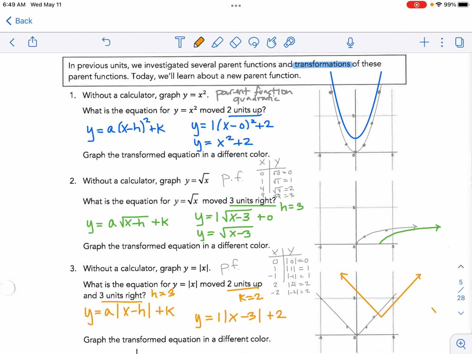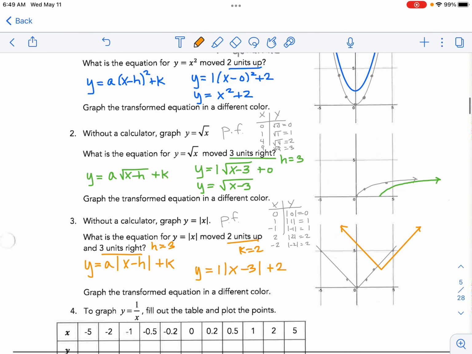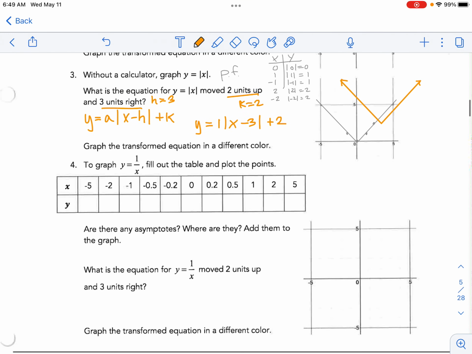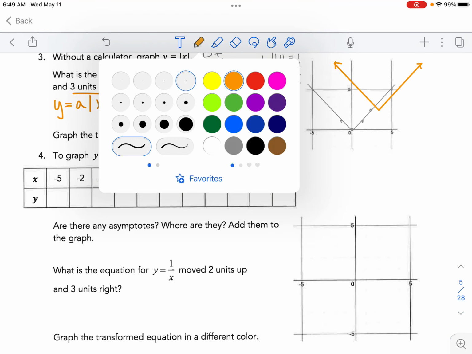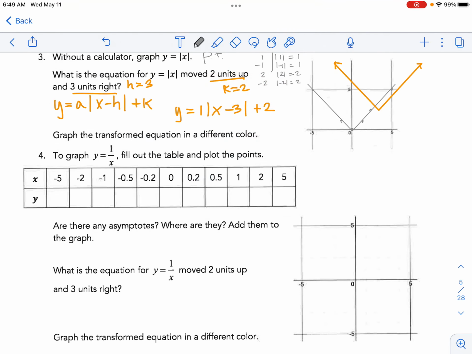Now we're going to do these same sorts of transformations to our rational function. So here is our rational function, and we're going to use the same vocabulary as before. We're going to have a parent function, and this parent function is 1 over x.